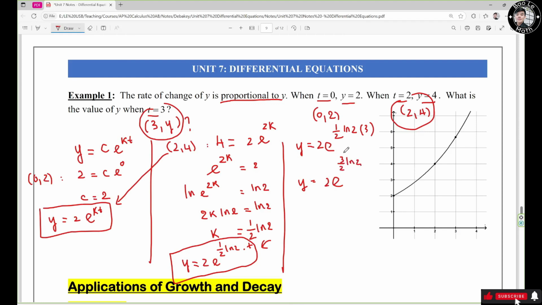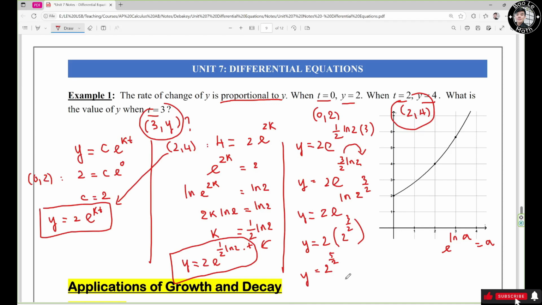Now you can bring the 3 and a half back over here, so you have y equals 2 times e raised to the natural log of 2 raised to the 3 and a half. Now you know that e raised to the natural log of a equals a. So this turns out to be y equals 2 times 2 raised to the 3 and a half. So it's going to be 2 to the power of 5 and a half.